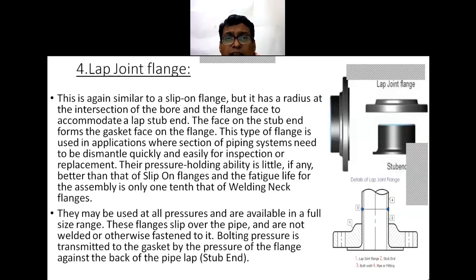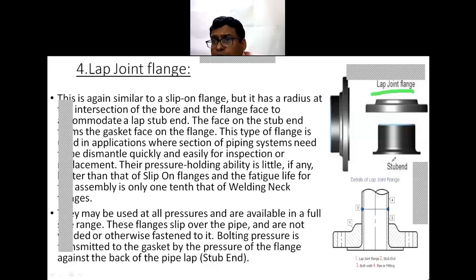Then next is a lap joint flange. In this lap joint flange, you can see the stub bend that is provided and the lap joint that is also provided. So this includes the stub bend and this lap joint.